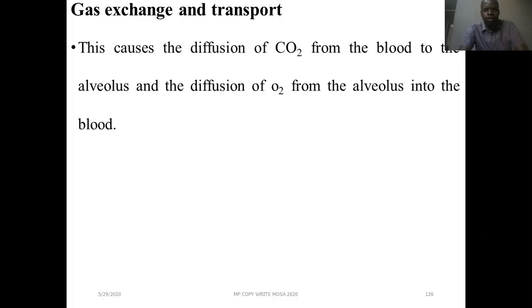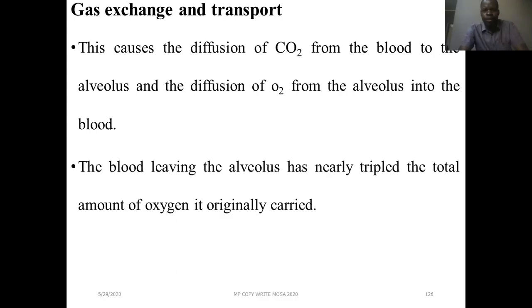This causes the diffusion of carbon dioxide from blood to the alveoli and the diffusion of O2 from the alveoli into the blood, which I explained earlier on, movement of gases from a region of higher concentration to a region of low concentration, which is being repeated here.